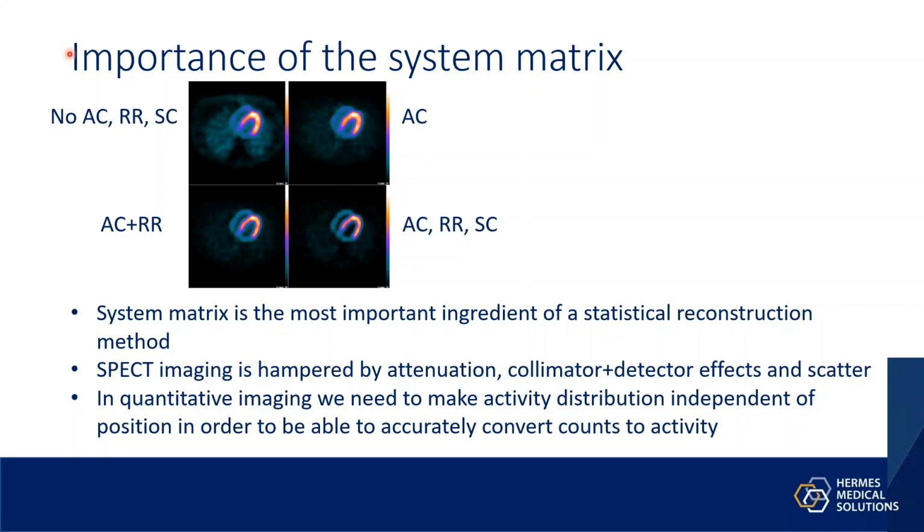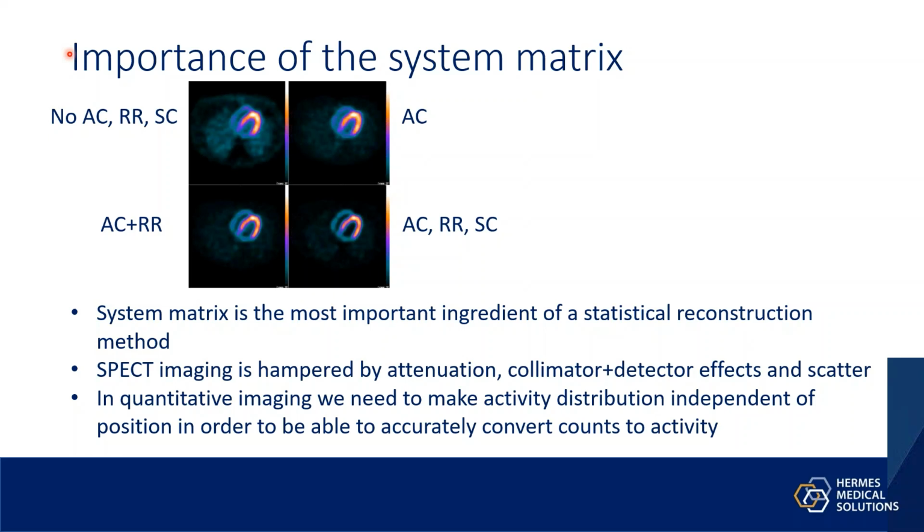And as you know, SPECT imaging is hampered by attenuation, collimator and detector effects, and scatter. In order to correct these effects, we need to model all of them in our system matrix.